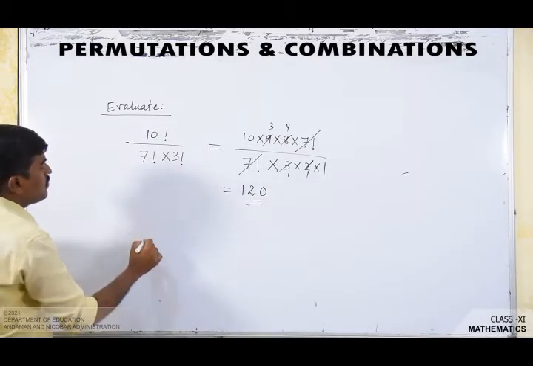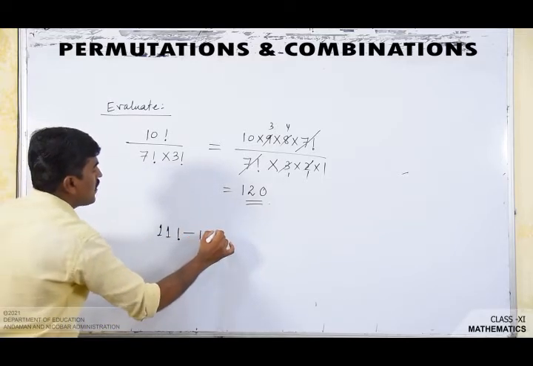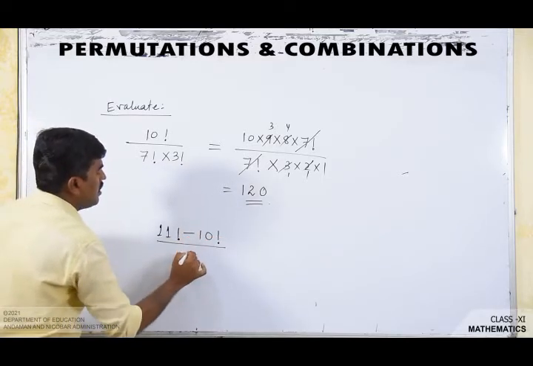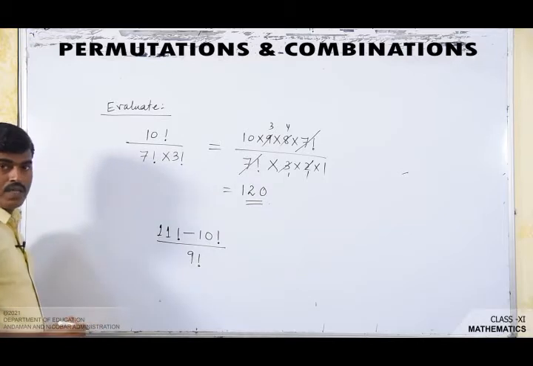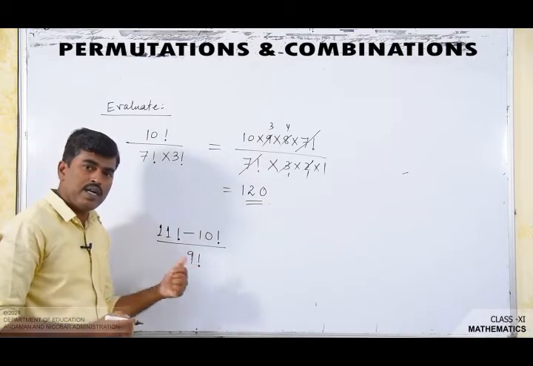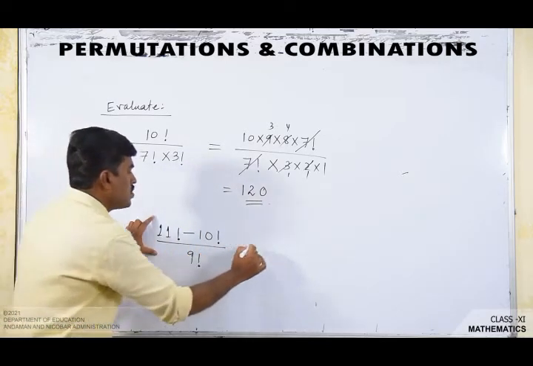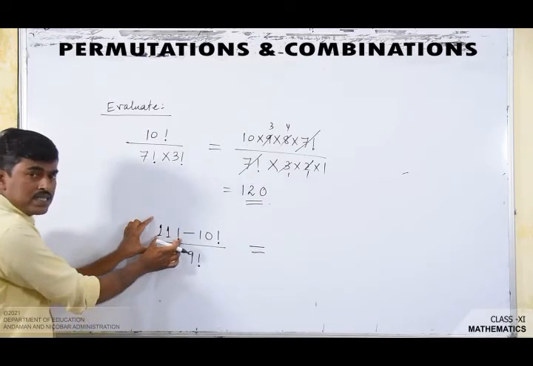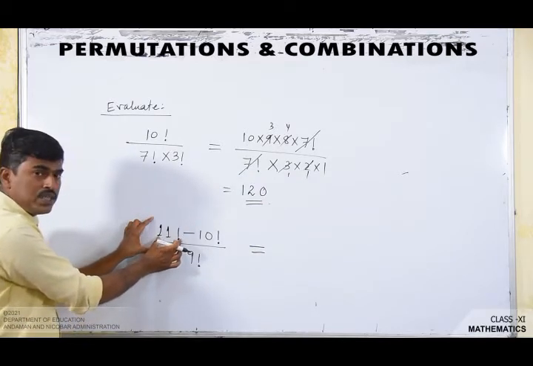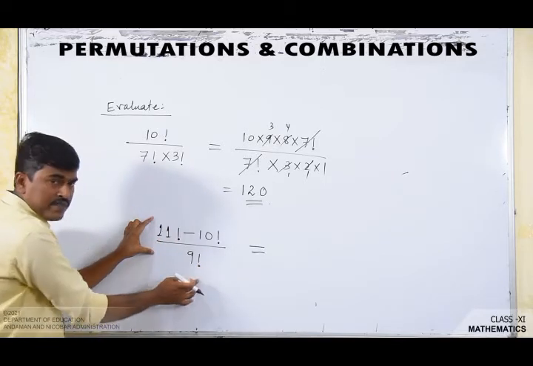Evaluate the value of 11 factorial minus 10 factorial divided by 9 factorial. If the expression is 11 factorial minus 10 factorial divided by 9 factorial, then how to find the value? As you see, the denominator is 9 factorial.